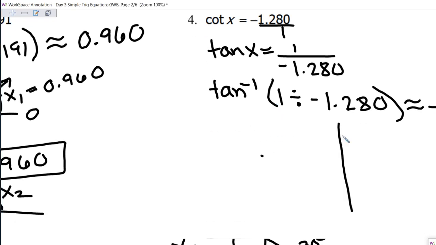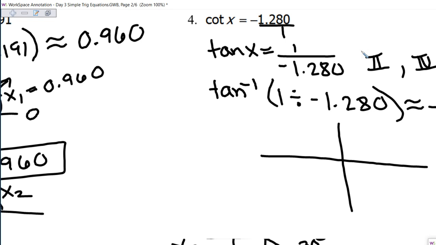Now, notice my tangent value is negative. So in which quadrants would the tangent be negative? Quadrant 2 as well as quadrant 4. Well, negative 0.663. Now remember, when you do second tangent, you're actually getting the angle. So if your angle measure is negative, what does that tell you about the rotation?